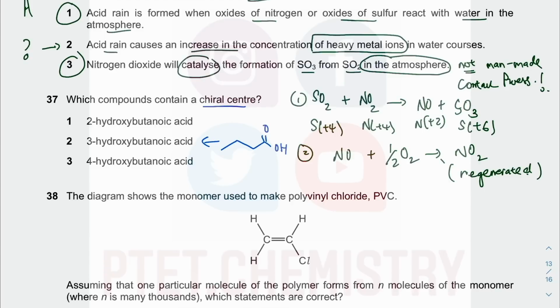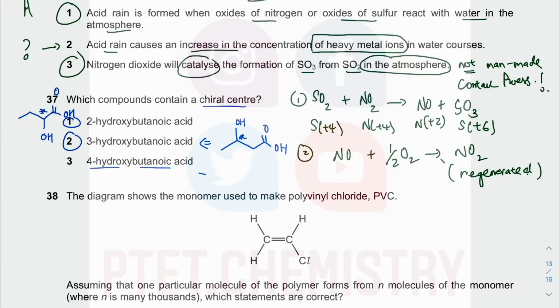So there was 1, 2, 3, so I get an OH. And I hope you can see there's a chiral center there. So 2 is correct. How about when it's 2-hydroxybutanoic acid? So I get butanoic acid, 1, 2. This is also chiral. So 1 is also correct.